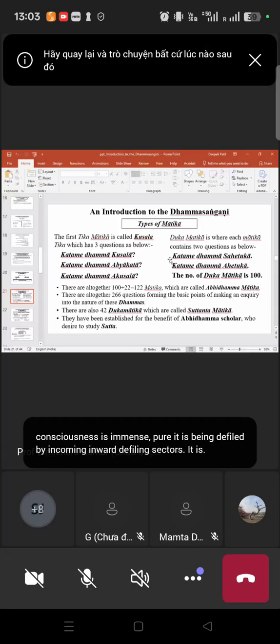Kilesas are the immoral states associated with lobha, dosa, moha. If you go through all the 13 Gocchakas, there is the heading of Upadana Gocchaka and then Kilesa Gocchaka, where they have been discussed in a very detailed manner. So kilesas are available, but not in the form you are asking about in Mahayana. We have the concept of kilesas here.